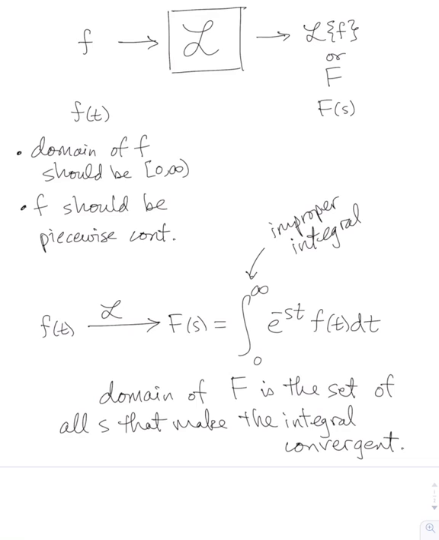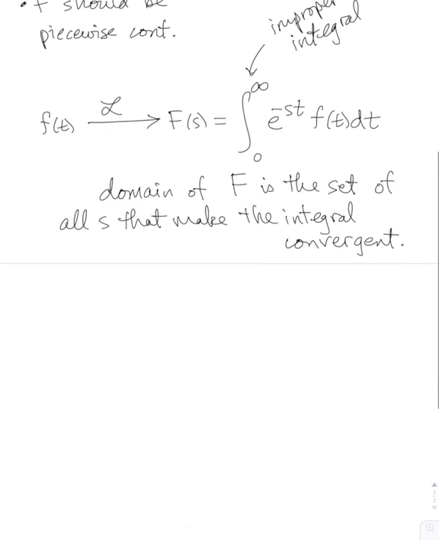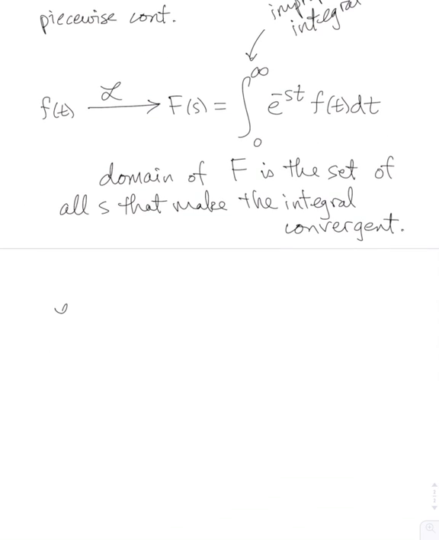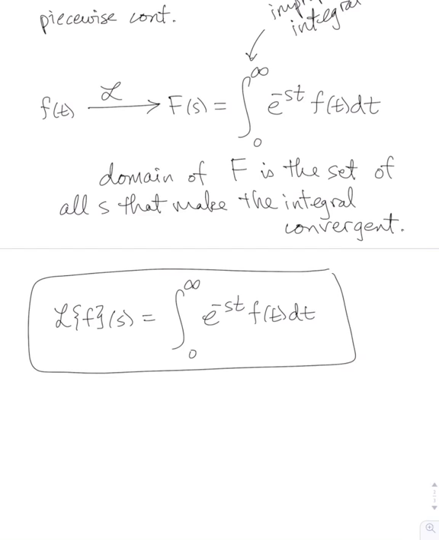Okay, so that's the definition. And that whole thing can just be summarized in just one shorthand formula to say that L of f of s is equal to this integral. All right.